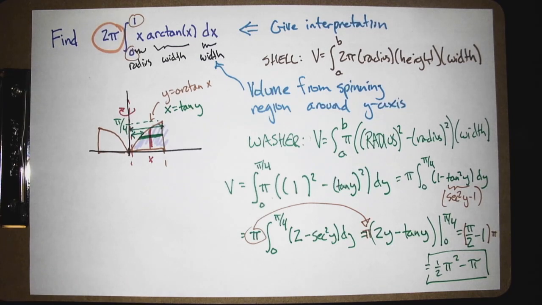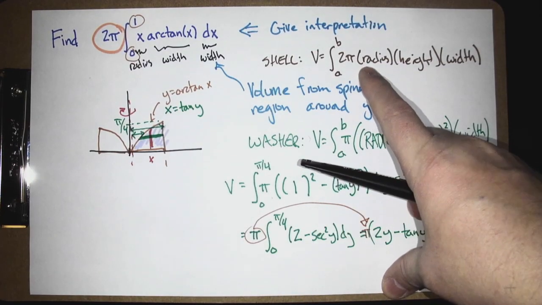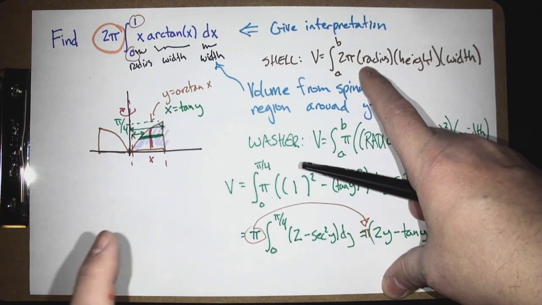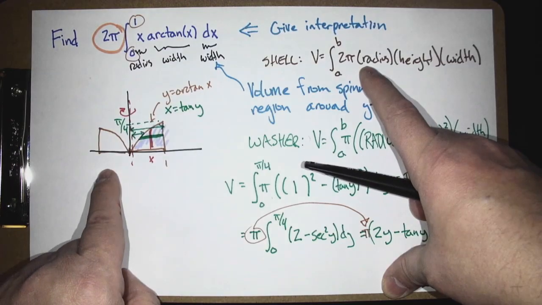Can you please explain in the shell formula, when we have this radius, is it the radius of what? Because when we have different shells, the radius changes, right? So the question is, given the shell method, what does the radius represent? The radius represents the distance from your slice to where you're spinning.